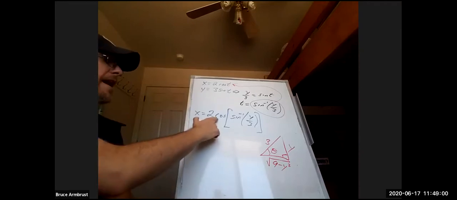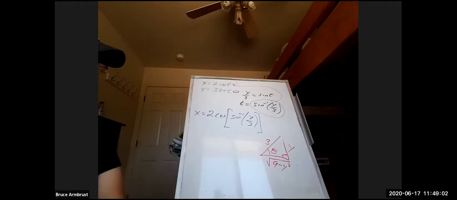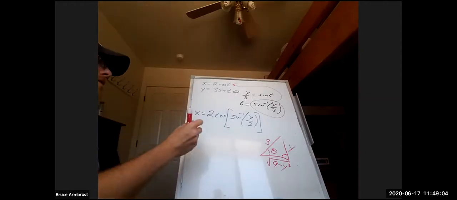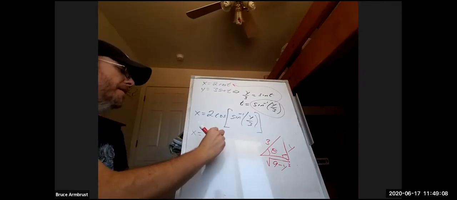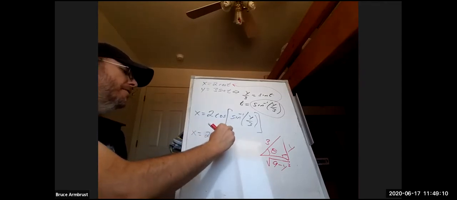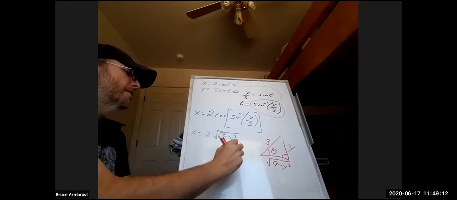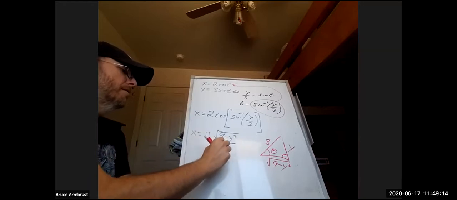And what we want now is the cosine of that angle. So the cosine of that angle is going to be the square root of 9 minus y squared over 3.